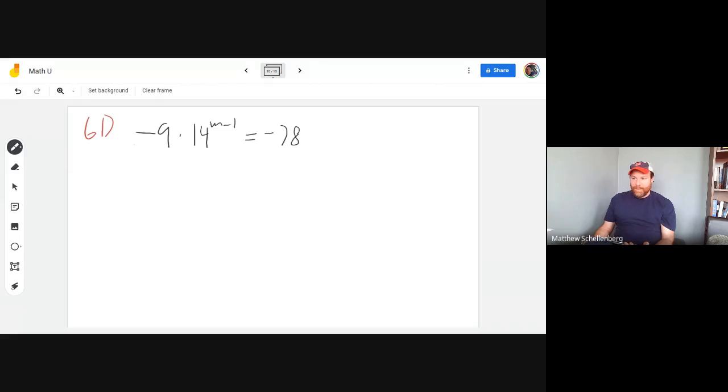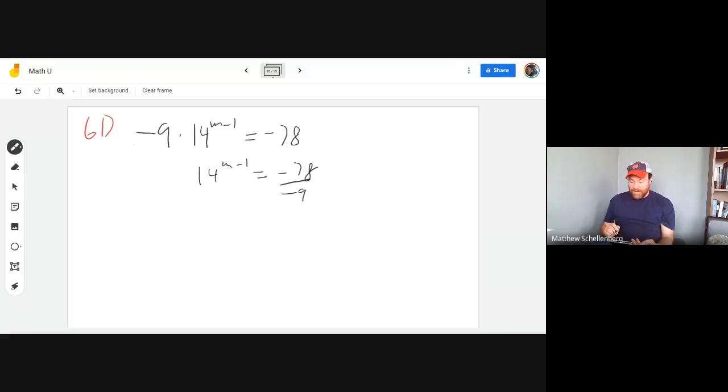This is not as hard as it looks. First of all, let's divide by negative 9 because I just want to deal with a single thing. So this equals minus 78 over minus 9.